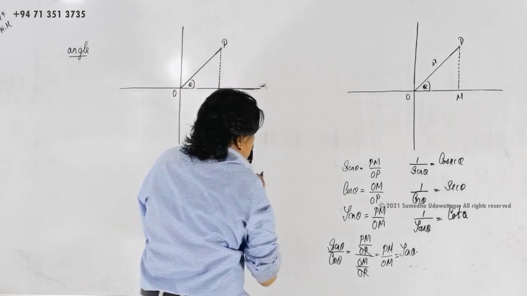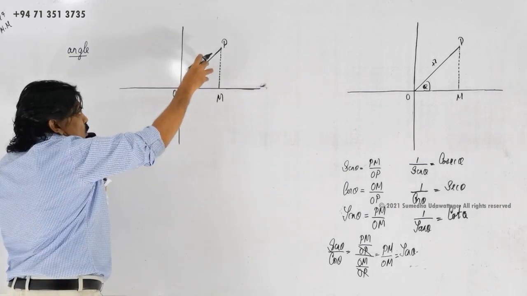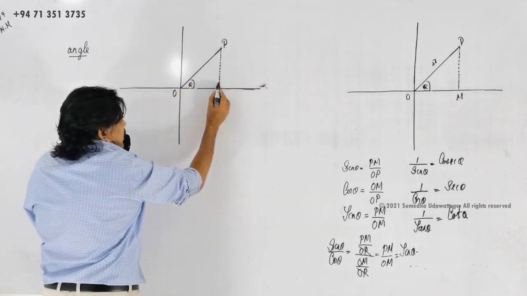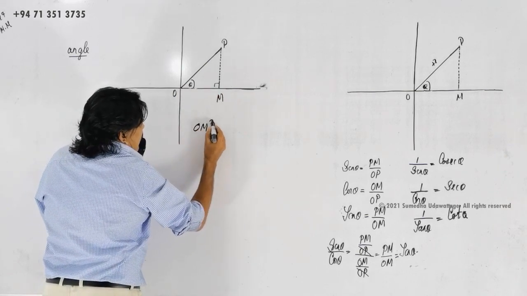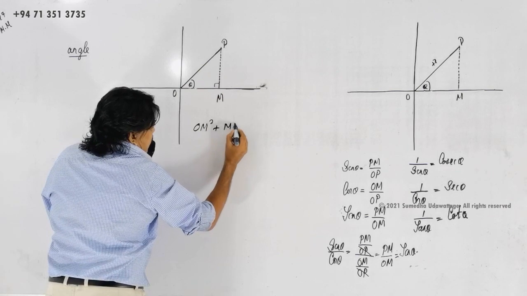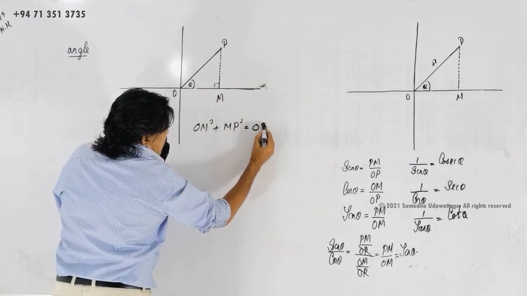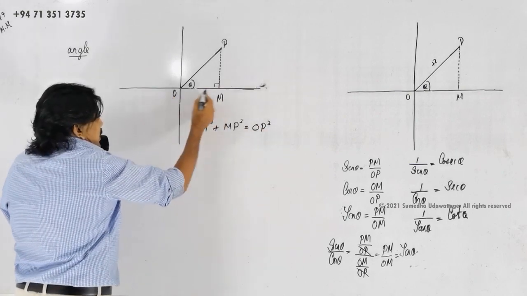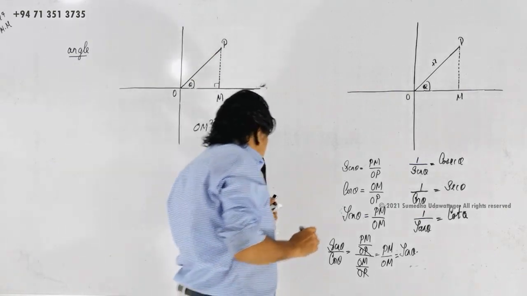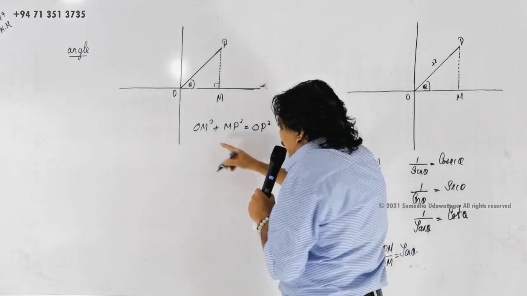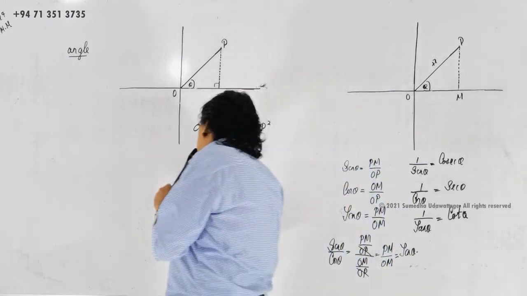Applying the Pythagoras theorem to this right-angled triangle, you get OM square plus MP square is equal to OP square. Then you divide the complete expression by OP square.